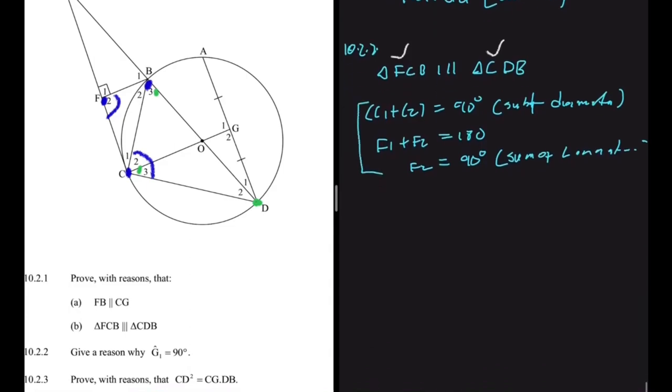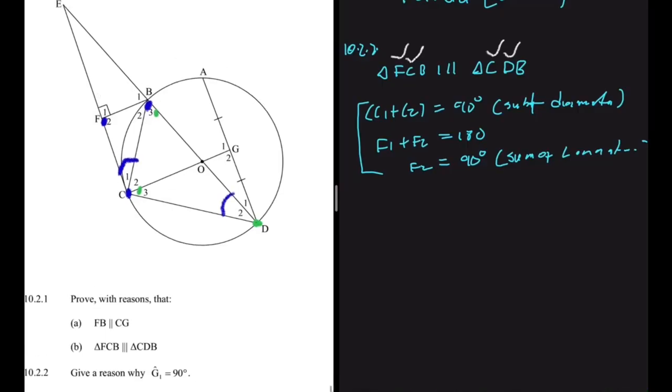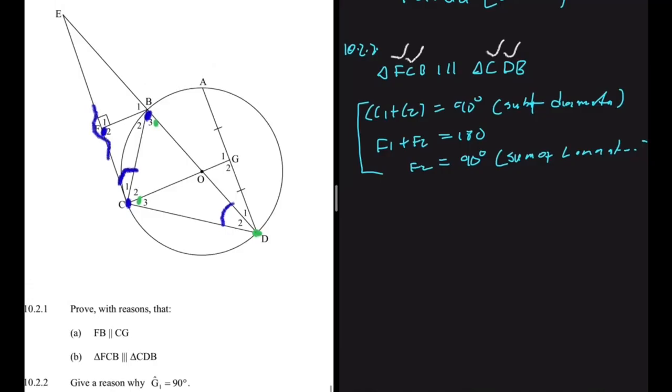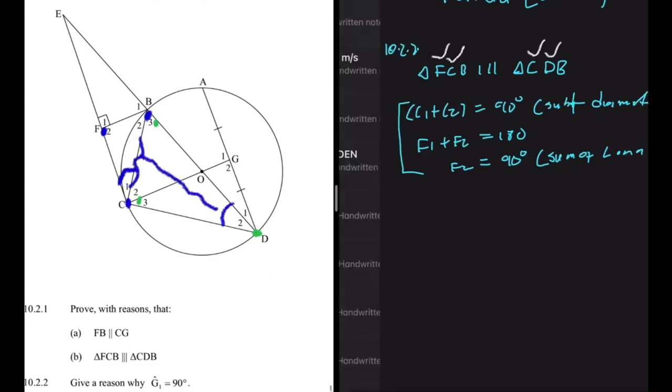So now we're going to go to angle C in triangle FCB and angle D in triangle CDB. Where is angle C in triangle FCB? Angle C is right here. We're supposed to prove that it is equal to this angle right here. It is easy to see that angle C1 is between the tangent and the chord, and this chord is subtending this angle D2.